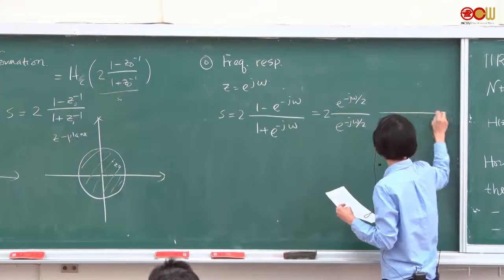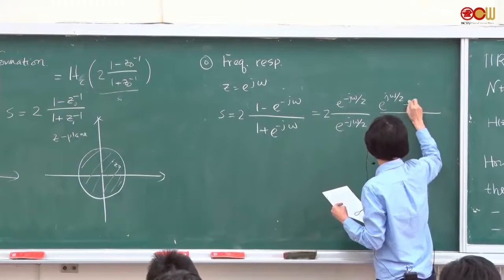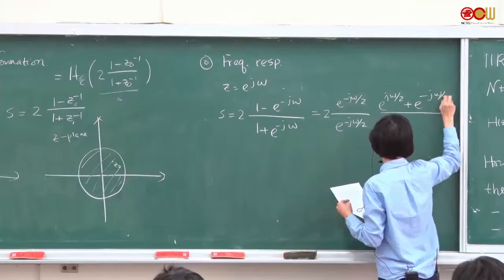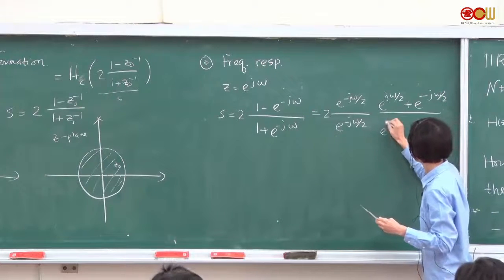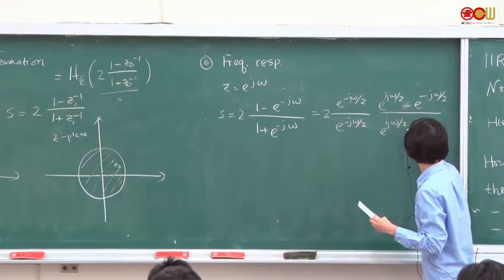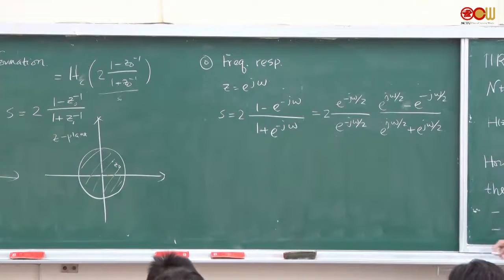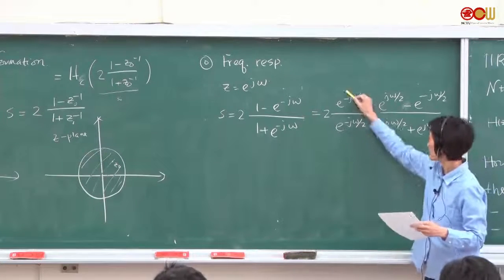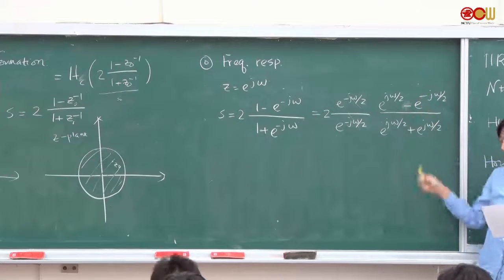At the top, we would get e^{jω/2} minus e^{−jω/2}. And the bottom will be, this one is minus and this one is plus, e^{jω/2}. Okay. And now we have the phase part crossed out. We just have the second part left.